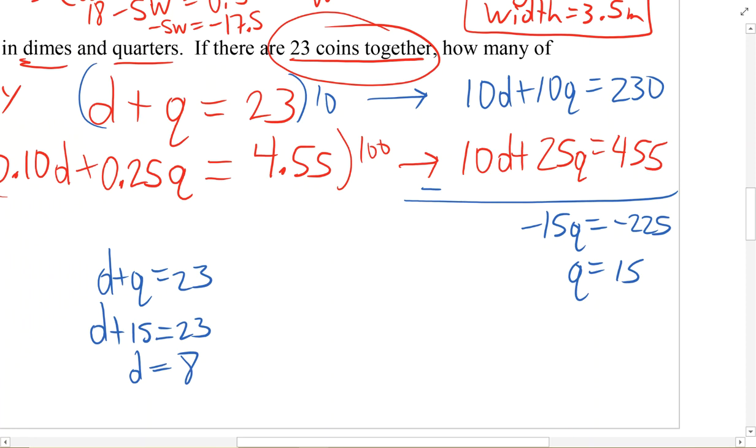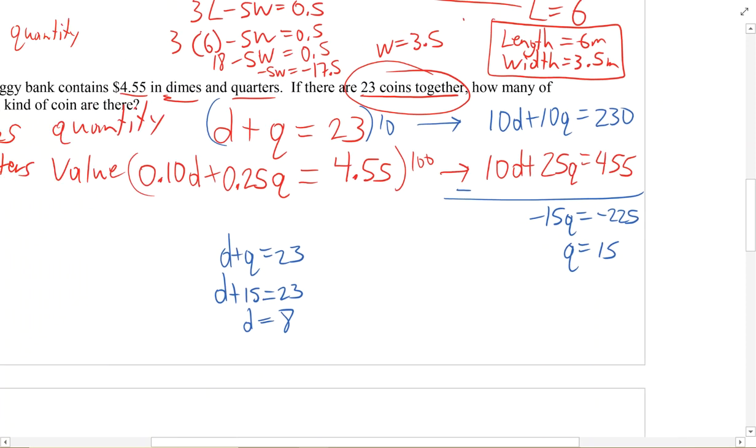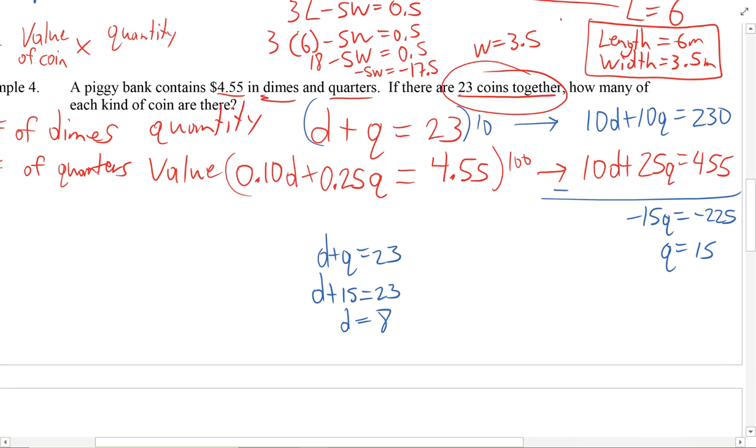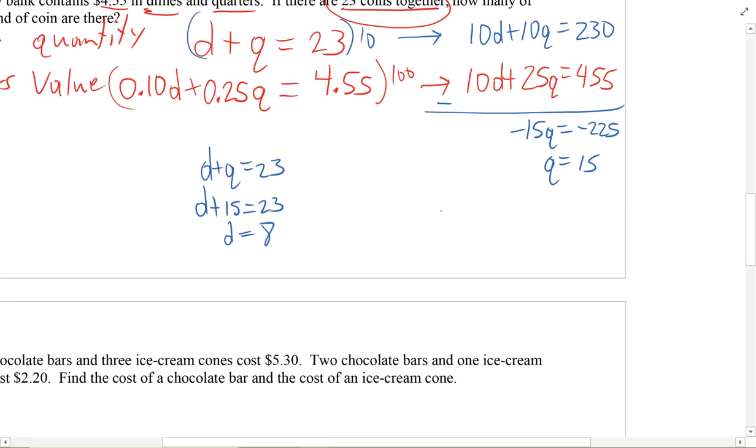Okay. So read the last sentence. The last sentence says, how much of each kind of coin are there? Or how many of each coin? So what's our answer going to look like? Yeah. So dimes equals 8, quarters equals 15.